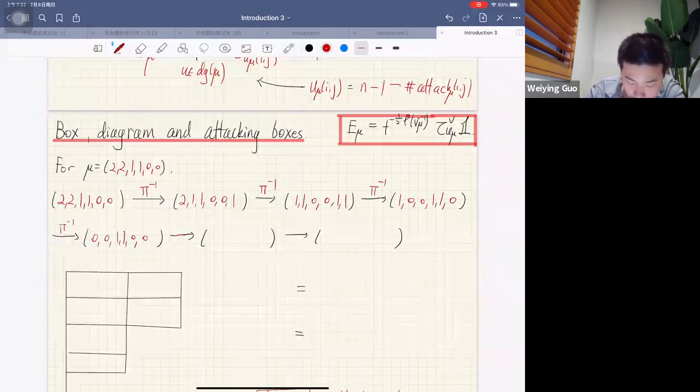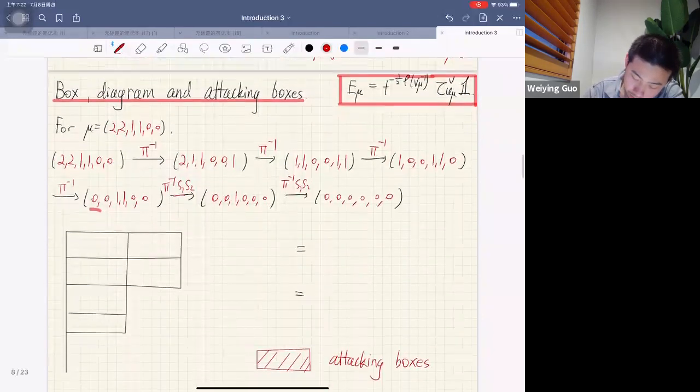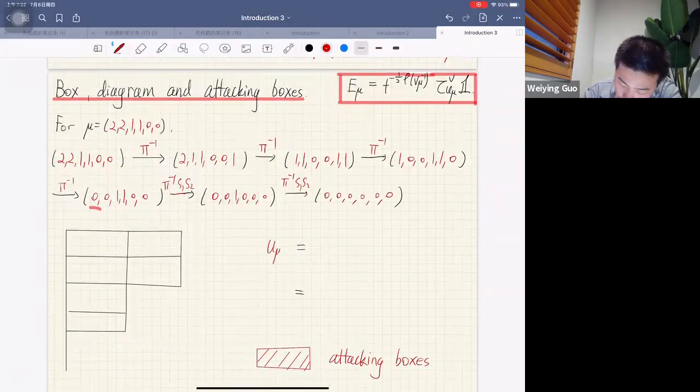Now we see that the first position is non-zero. So we apply S2, S1 pi inverse to switch the 1 up to the front, and we get rid of it. Applying a series of this again, we get 0, 0, 0. In terms of U mu box, the reduced word is pi, pi, pi, pi.